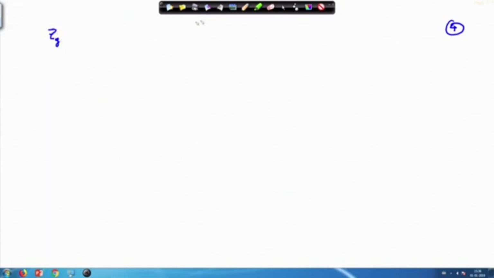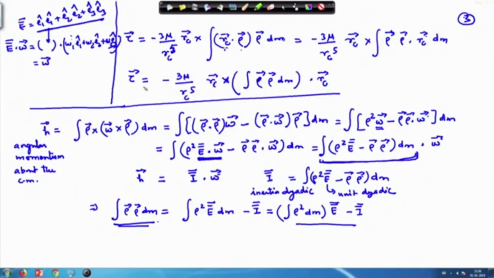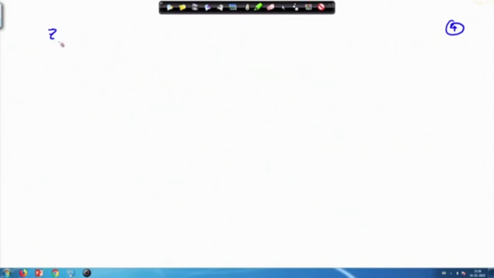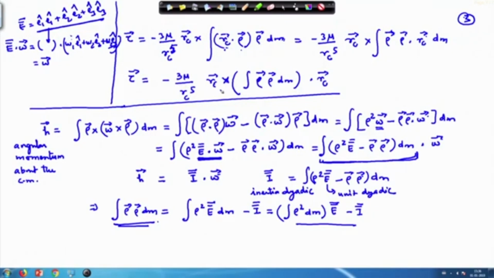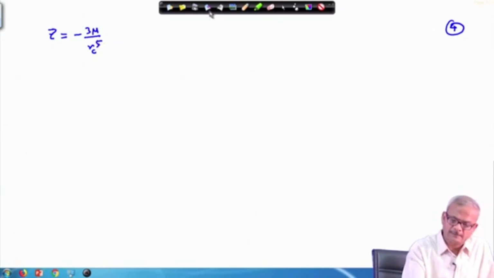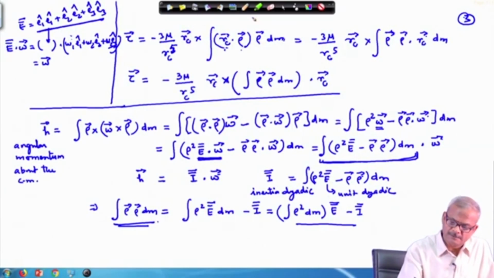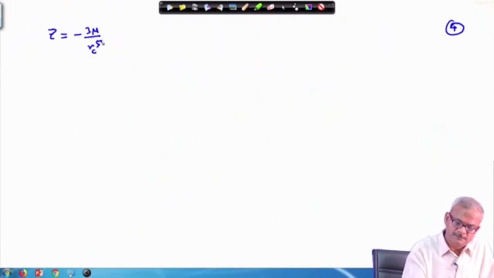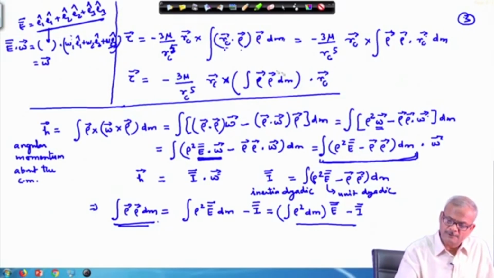So, we have the gravity gradient torque, we have written as tau, equal to, we need to copy it here, minus 3 mu by R c to the power 5, and then R c cross this quantity and then dot R c.